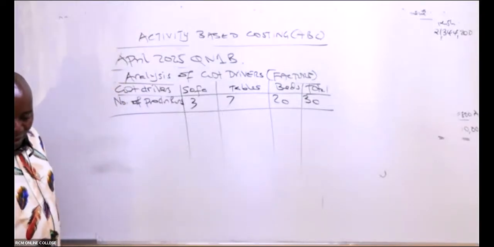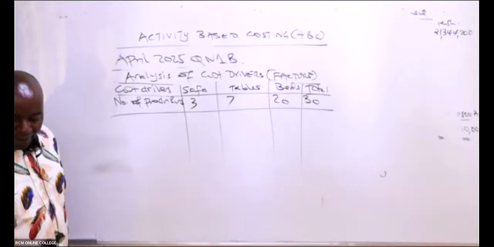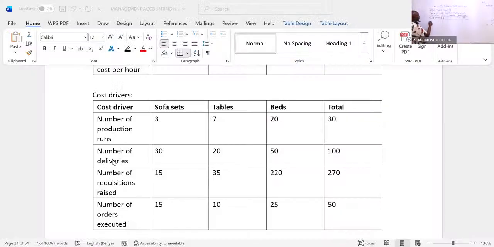So now I can go to the others without much thought, now that you have the structure. The second one is the number of deliveries. Deliveries so far, 30, 20, 50, giving us 100.